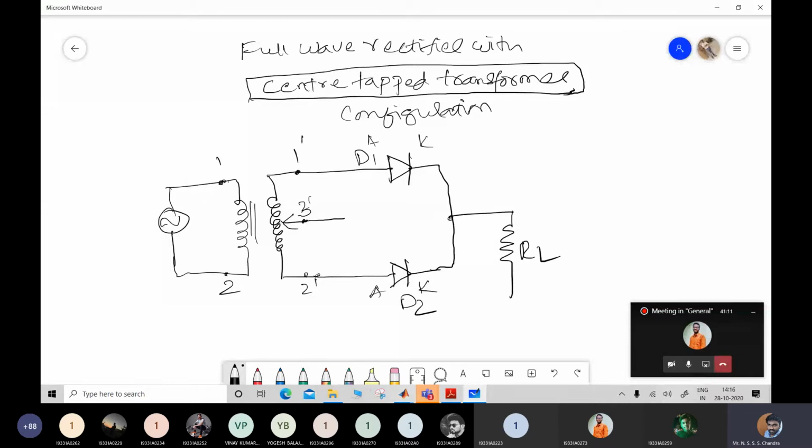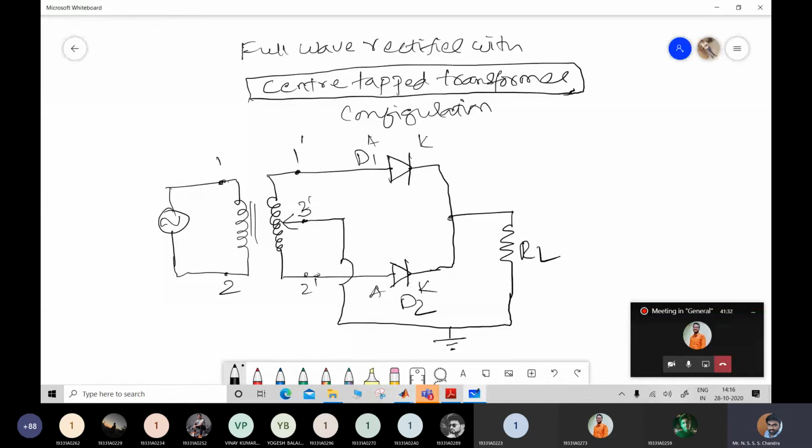And the center tap we'll take out, and we will give to this RL, and then the center tap should be at ground 0 level, so we'll be connecting it to the ground. Okay, so can you understand the diagram now?